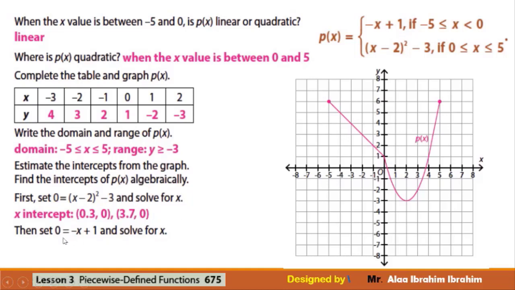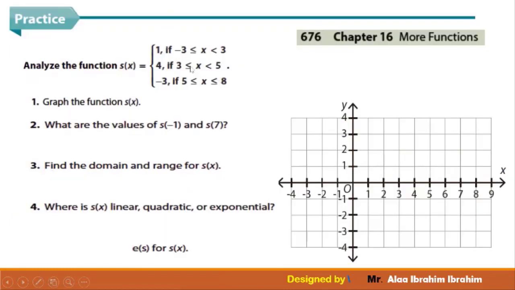So this is close. Then for the y-intercept I have to put x as 0. So I have 1. So this is my y-intercept. Now I have three functions. The three functions are constant with different numbers, it doesn't matter, but all of them will give you a constant, meaning a line graph.